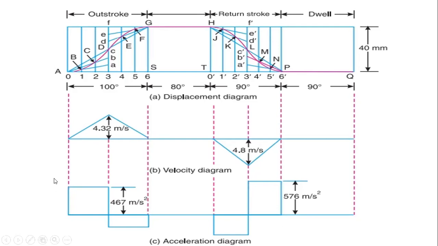Then draw the acceleration diagram also. For the acceleration, we have 467 meters per second square for the outstroke and 576 meters per second square for the return stroke. We have to take it with the length and draw a rectangle, and draw a rectangle on the lower end also like this.